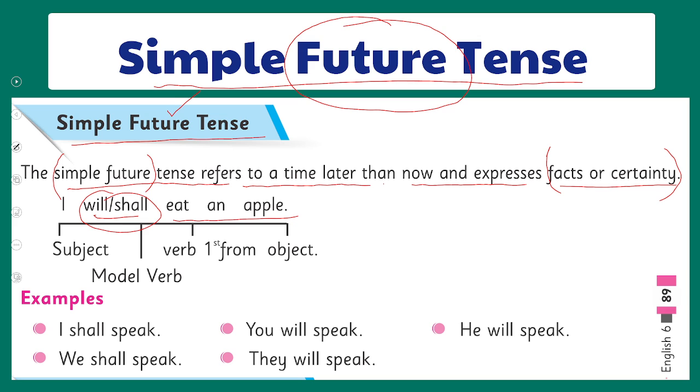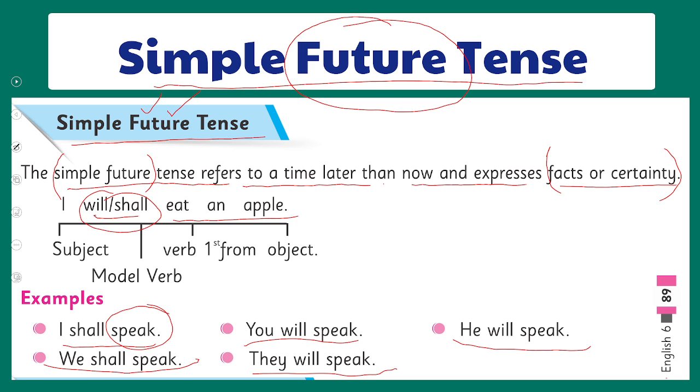There are a number of examples here: I shall speak, you will speak, he will speak, they will speak, we shall speak. With the different pronouns, all these sentences refer to an act of speaking which has not happened yet but will happen in the future.